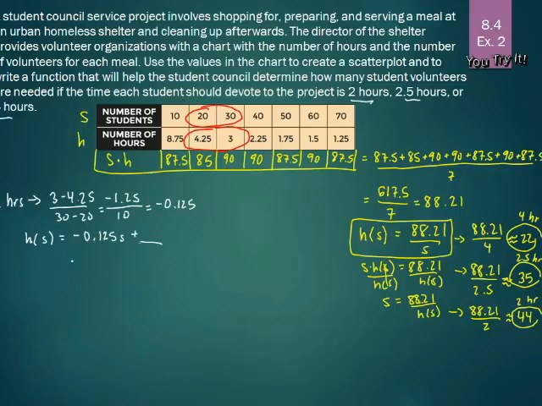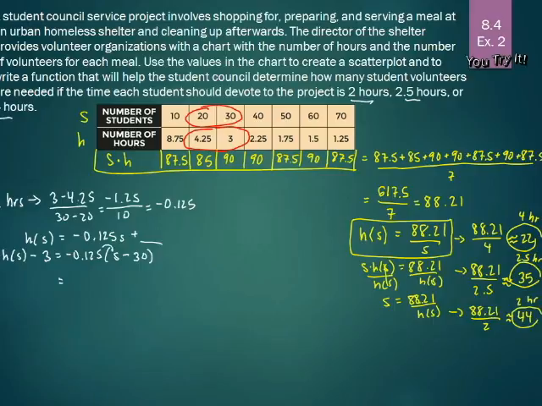And since we don't know that, then we can go ahead and plug in one of the endpoints there into our point slope form. So we'd have h of s minus, and then the y value, let's go ahead and pick 3, equals negative 0.125 times s minus, and then the corresponding s value, 30.